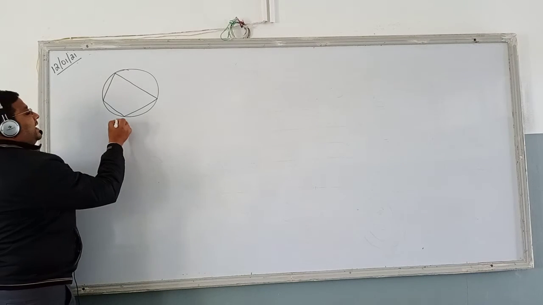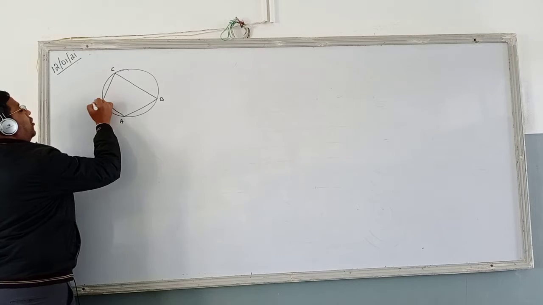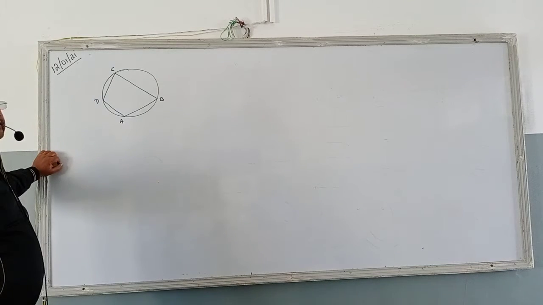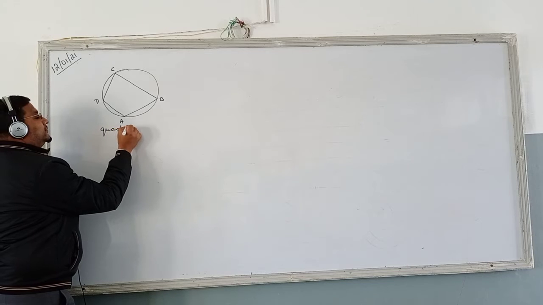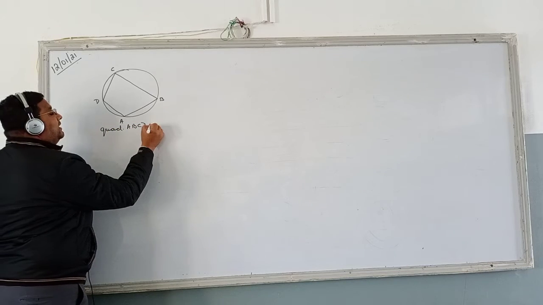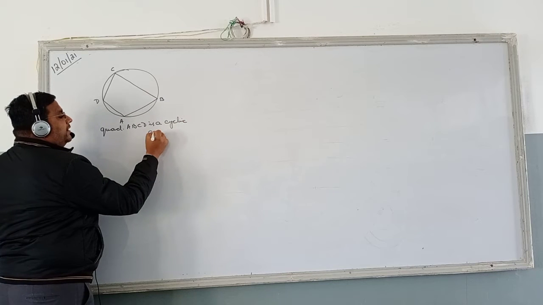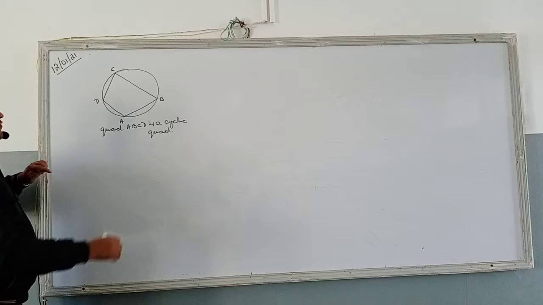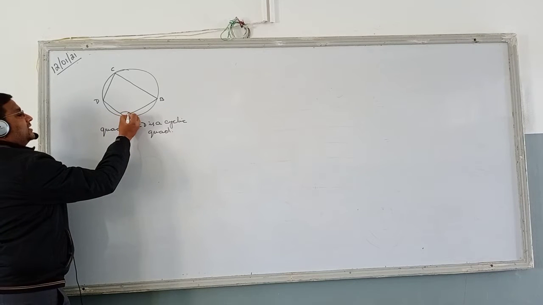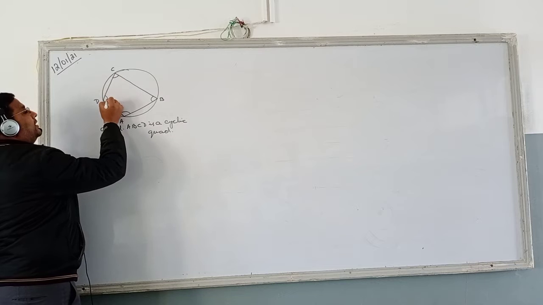This quadrilateral is there and the vertices are A, B, C, D. All the four vertices are lying on the circle. So this quadrilateral ABCD is a cyclic quadrilateral. Cyclic when all four vertices are on the circle. This is what we mean by cyclic quadrilateral.